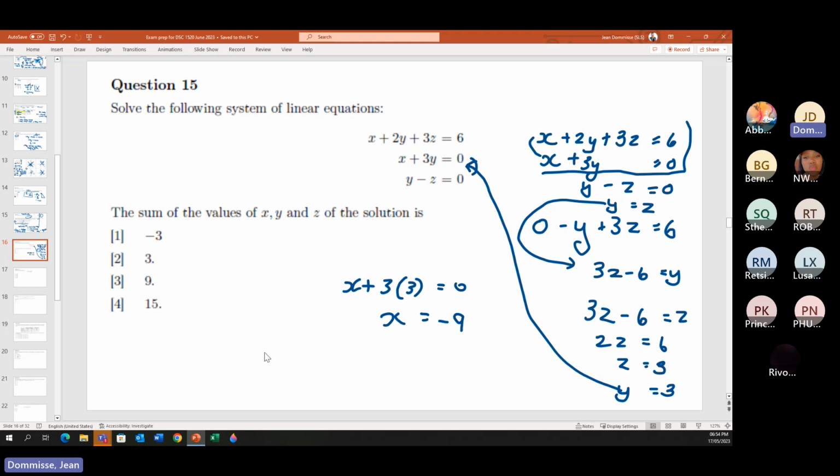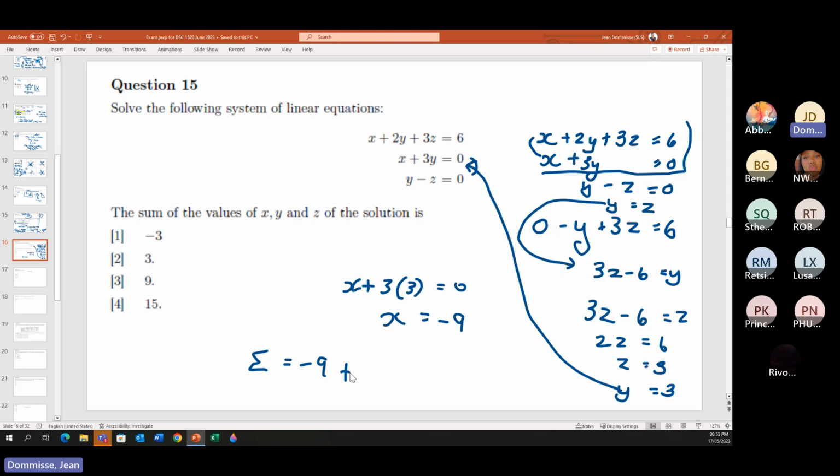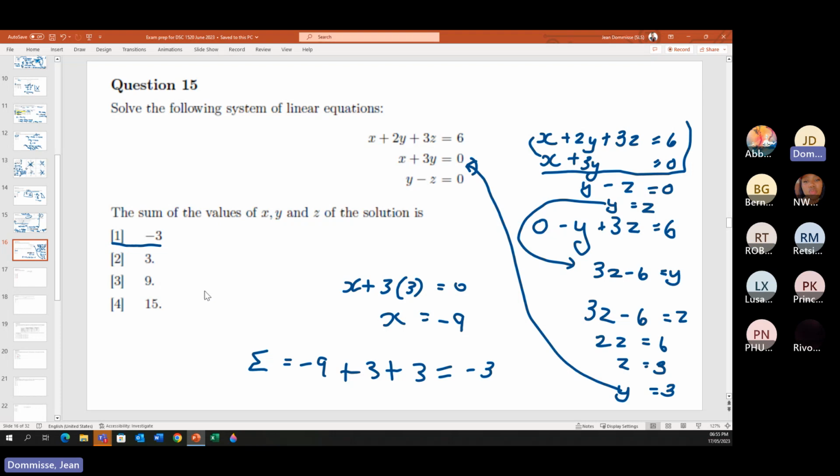So the sum of those three is minus 9 plus 3 plus 3, which is equal to minus 3, which is that one which I would not have gone for at all because it's negative.